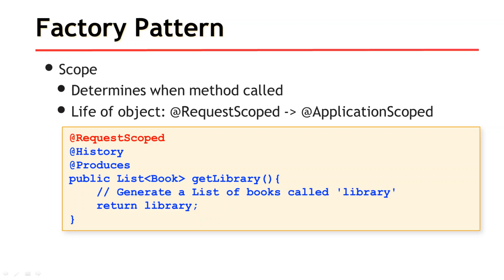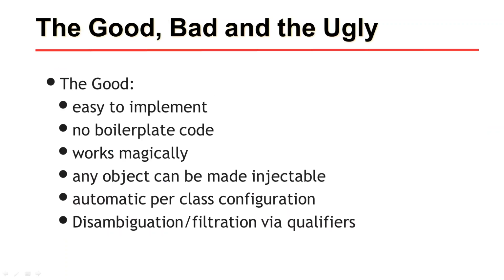Possible other scopes are request scoped, session scoped, application scoped, conversation scope, and of course we have dependent scope, which is the default scope. So what's good? Well, it's easy to implement. There's a very limited amount of boilerplate code, in fact virtually no boilerplate code at all, and it works magically.